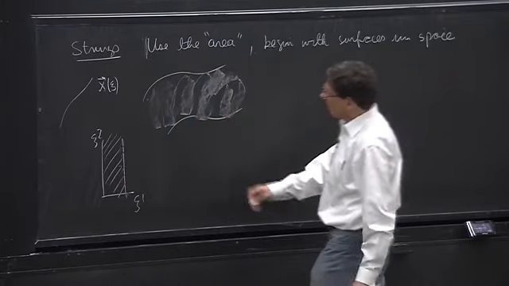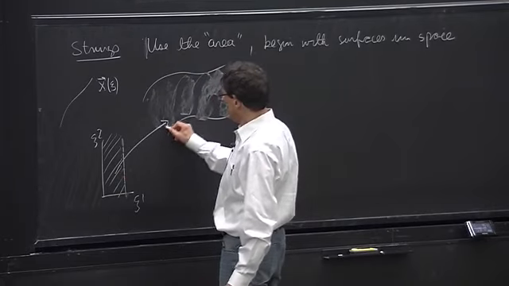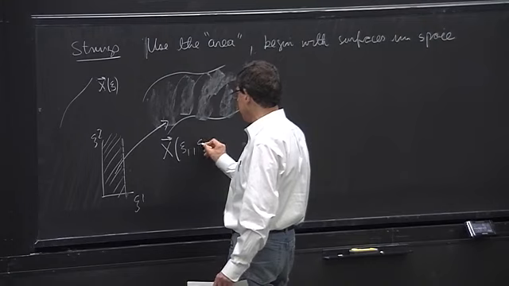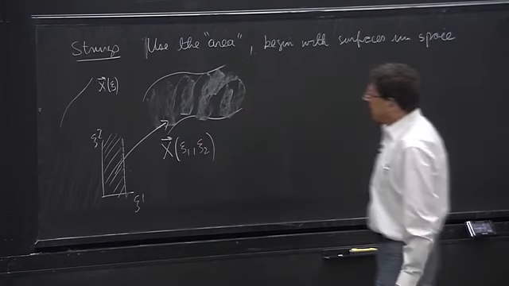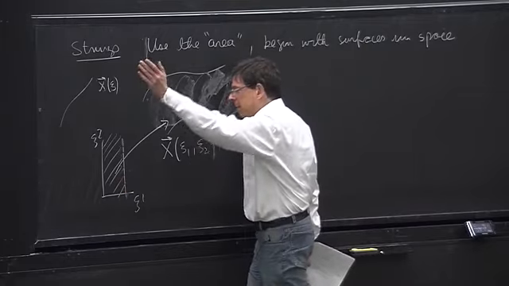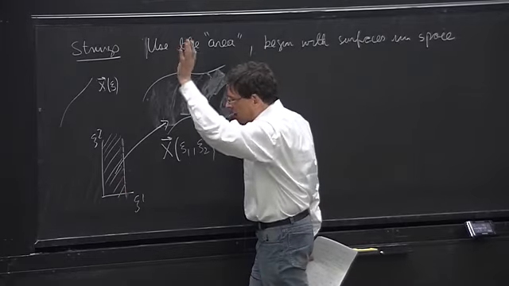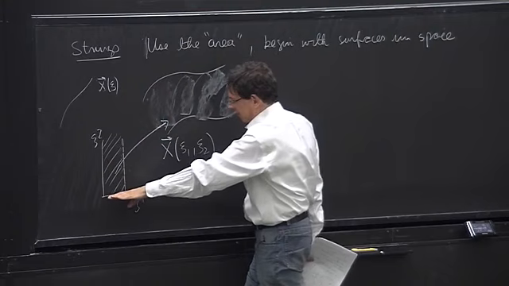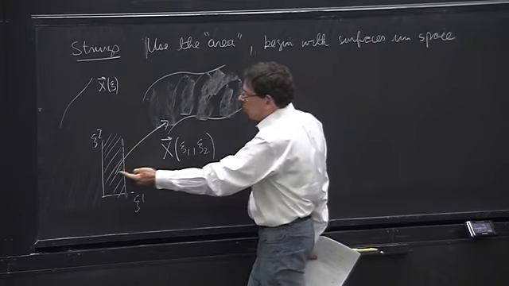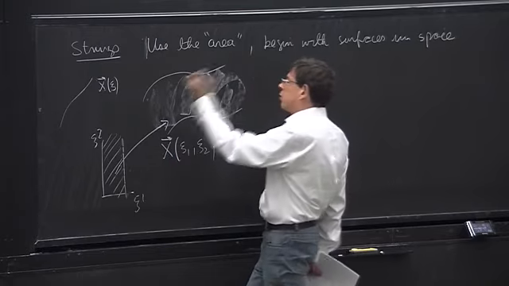And then you have maps from this to space, so x of sigma 1 and sigma 2. Sigma 1 and sigma 2 is parameter space. It's a mathematical and physical auxiliary space. For any point psi 1 and psi 2, you have a function that moves you into space.